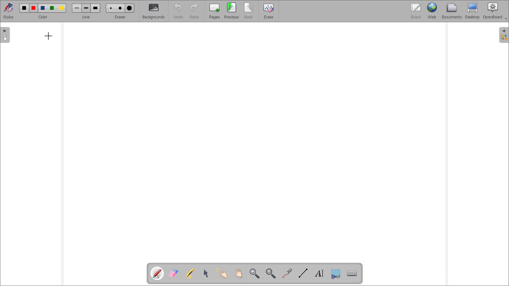Now alpha cube plus beta cube can be found. You can write alpha plus beta whole cube minus 3 alpha beta into alpha plus beta.